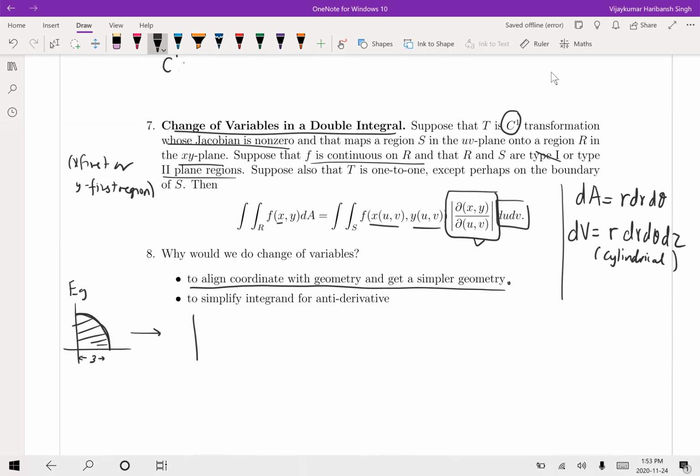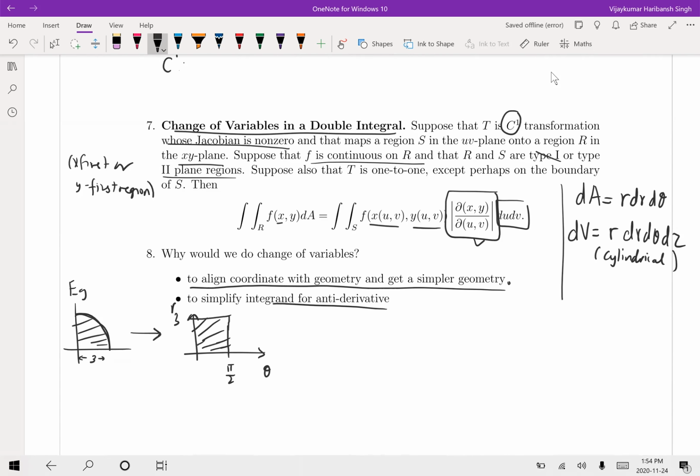In terms of theta and r, we have pi by 2 to 3, so we have a simpler geometry which we can use to integrate.